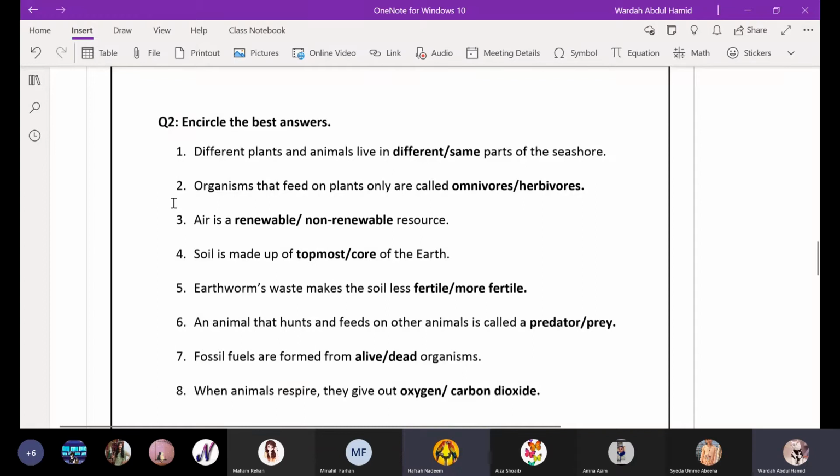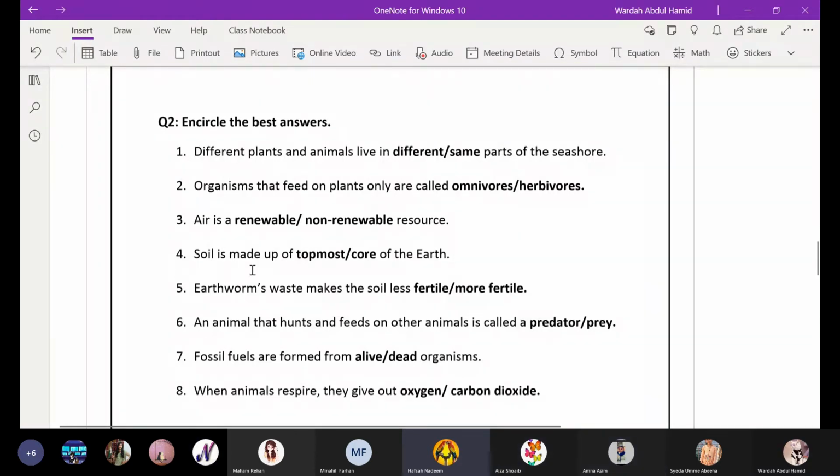Next, number two. Organisms that feed on plants only are called omnivores or herbivores. Yes, girls, herbivores. Number three. Air is a renewable or non-renewable resource. Renewable.